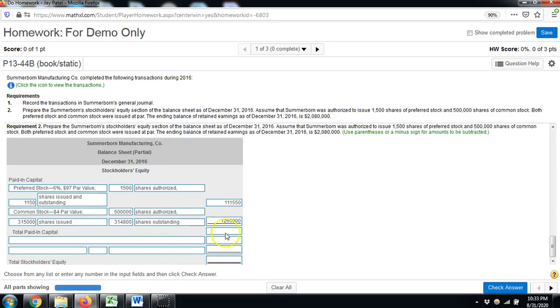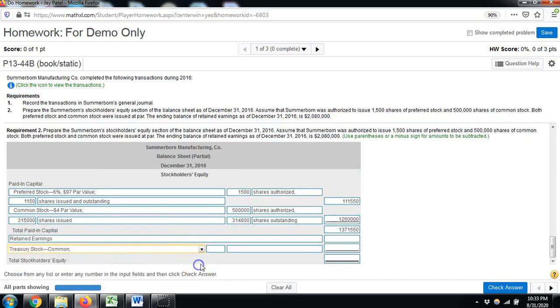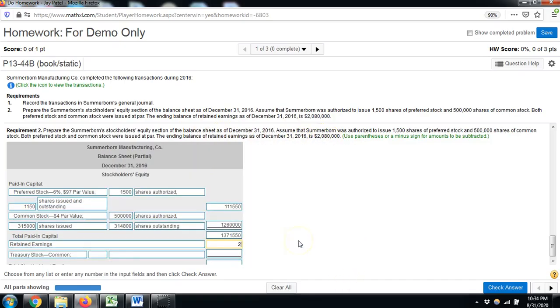Okay, so now when we add this up, okay, so that's our paid-in capital. Now we're going to have our other items. So we're going to have retained earnings, and then we're going to have our treasury stock. So retained earnings, let's see, the ending balance for retained earnings, it tells us is 2,080,000.